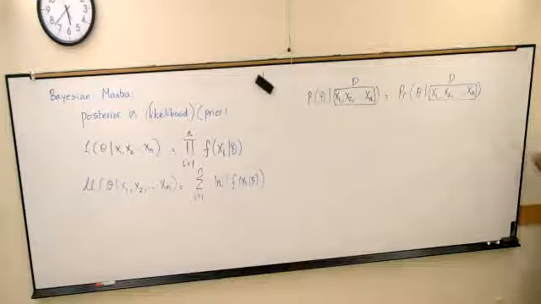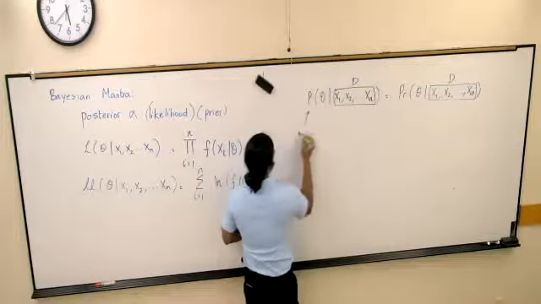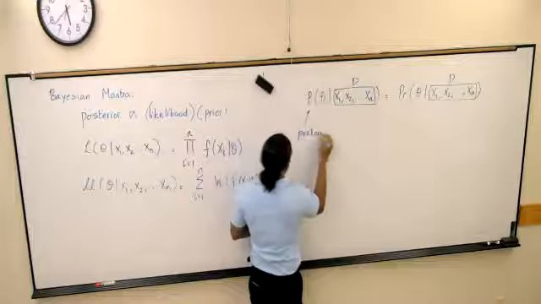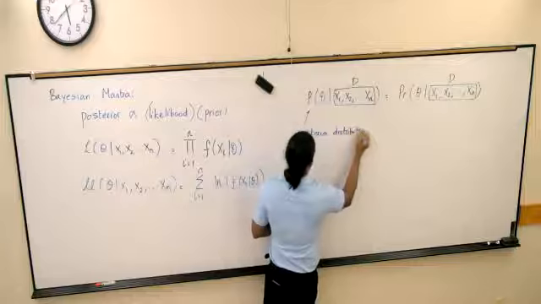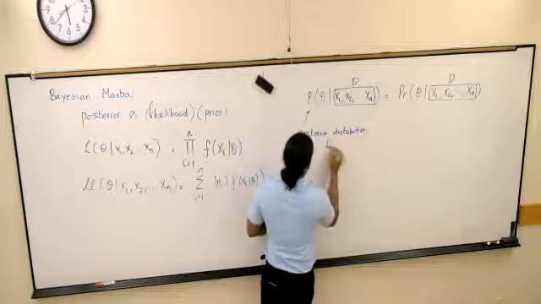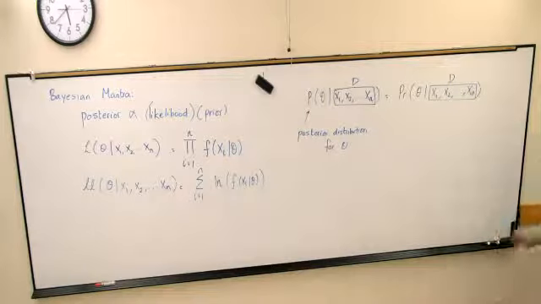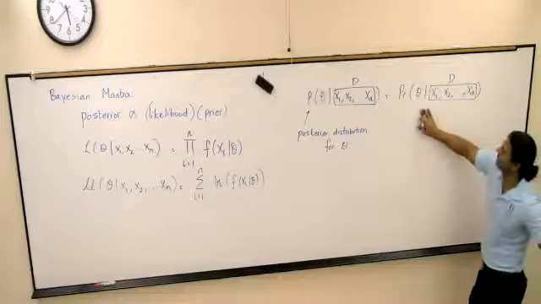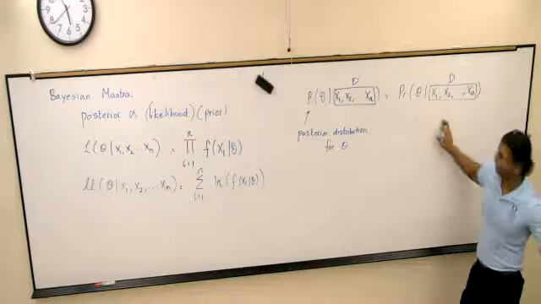How can we rewrite this? By P, I mean a posterior distribution. Over here, I just want to relate it to Bayes rule. So how can I rewrite probability of theta given D?